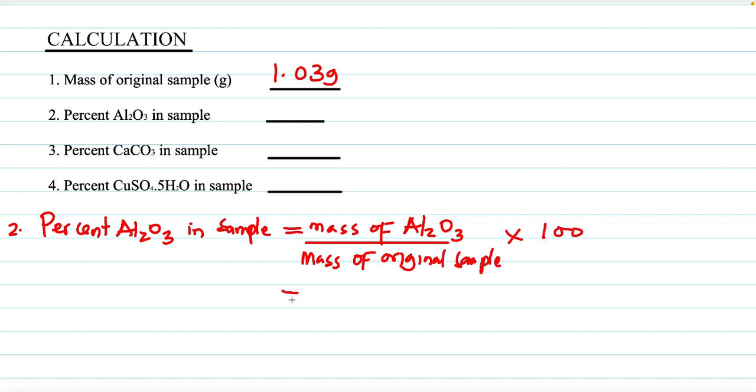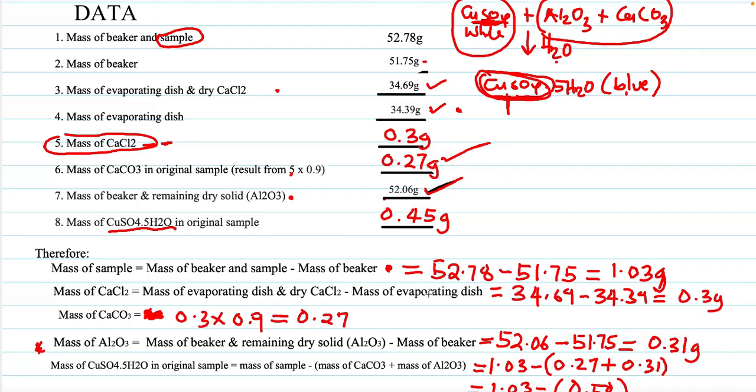So this becomes the mass of aluminum oxide. We got this to be 0.31.